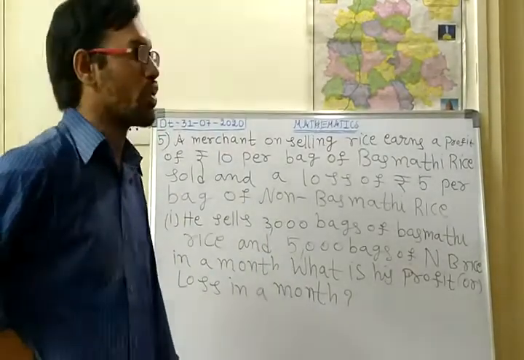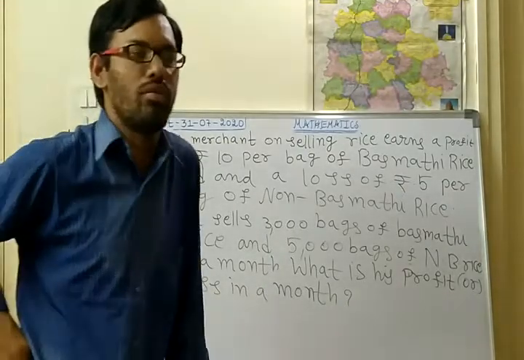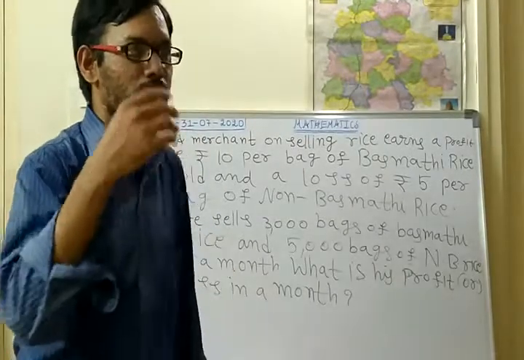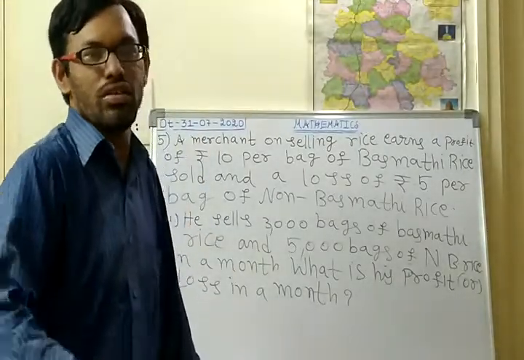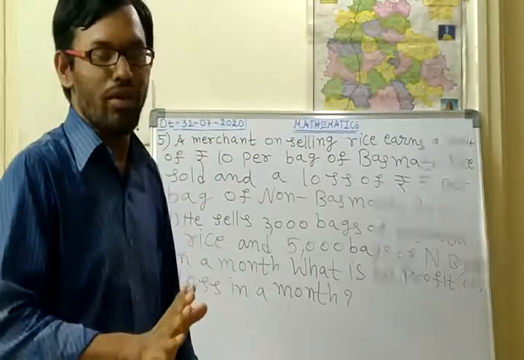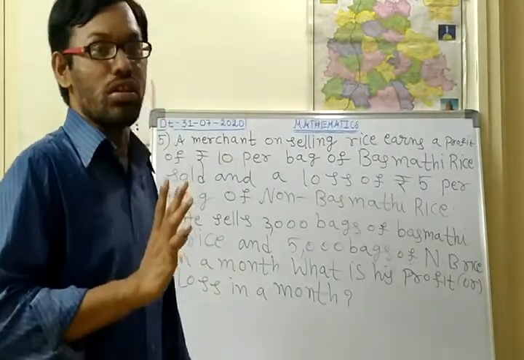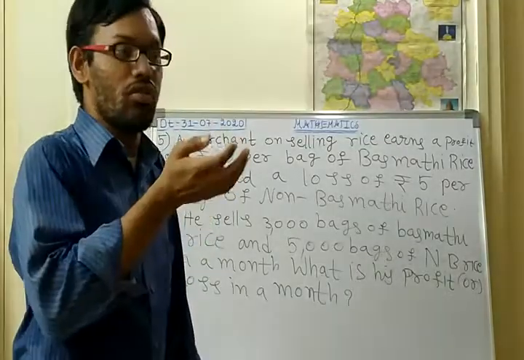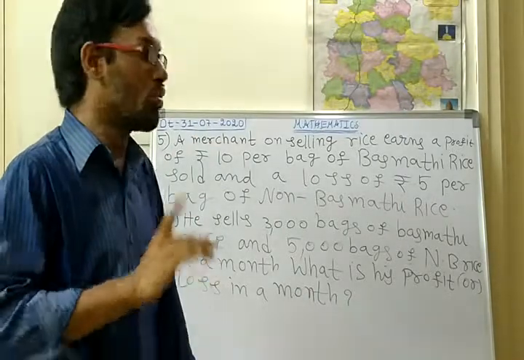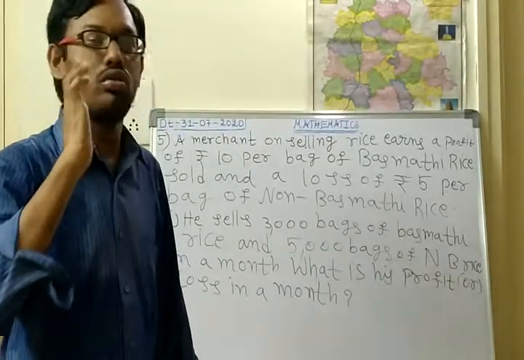Suppose you go to one of the shops to buy a mobile phone. Suppose the mobile cost is 10,000, and you got it for only 9,000. So who has gained money?